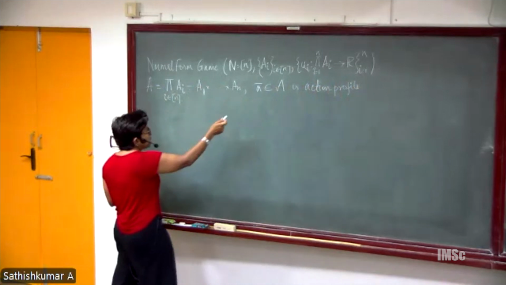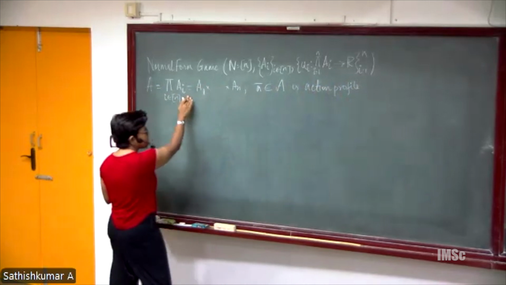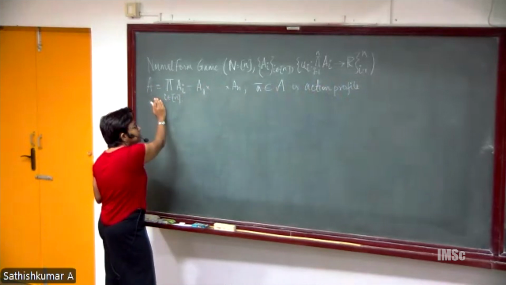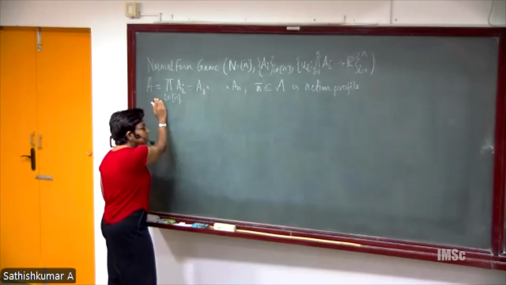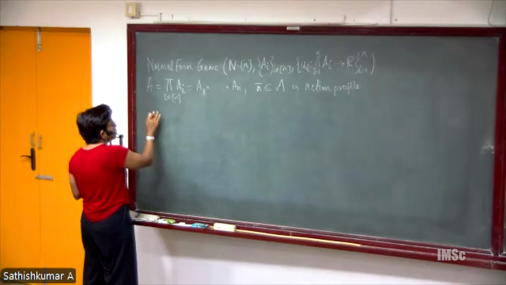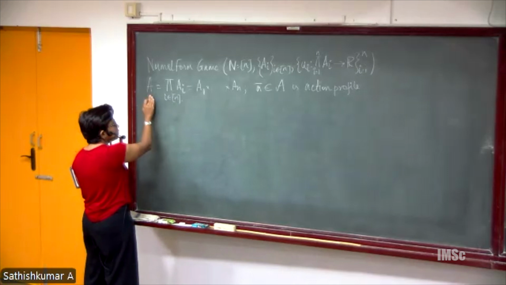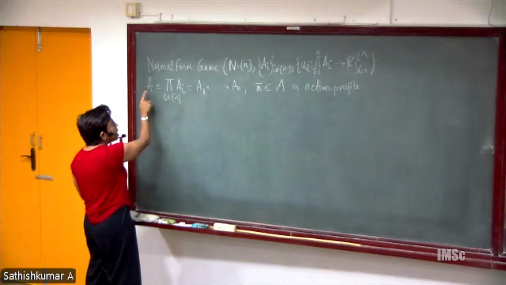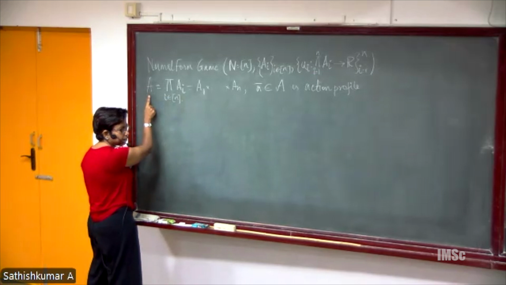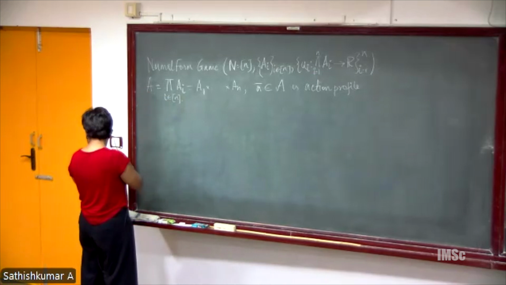So each element of this A is an action profile. Sometimes in some books, they'll call this action profile space or action space, but that's not really that standard. The utility functions of each of the agents are defined from this as a domain to the real line.